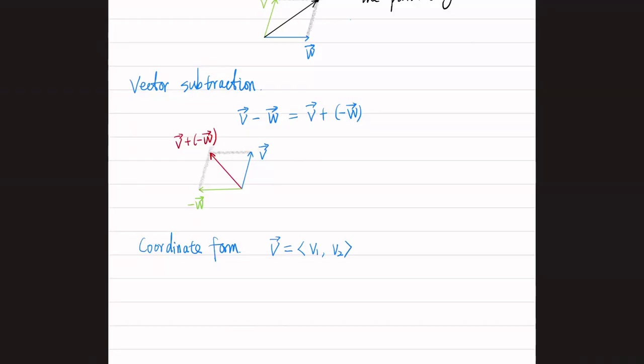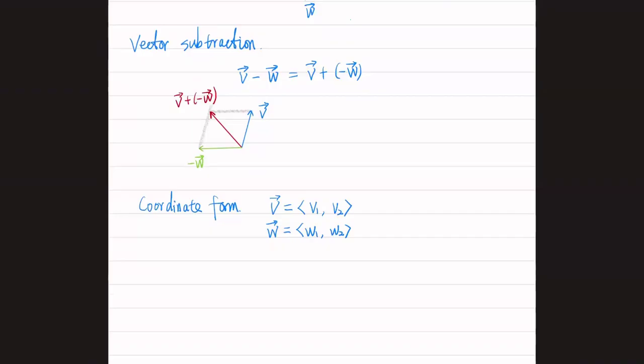I use 1 and 2 to indicate the first and the second coordinate of the vector. W1 and W2, first and second coordinates. Then the vector addition will be the summation of the two coordinates: V1 plus W1, V2 plus W2.